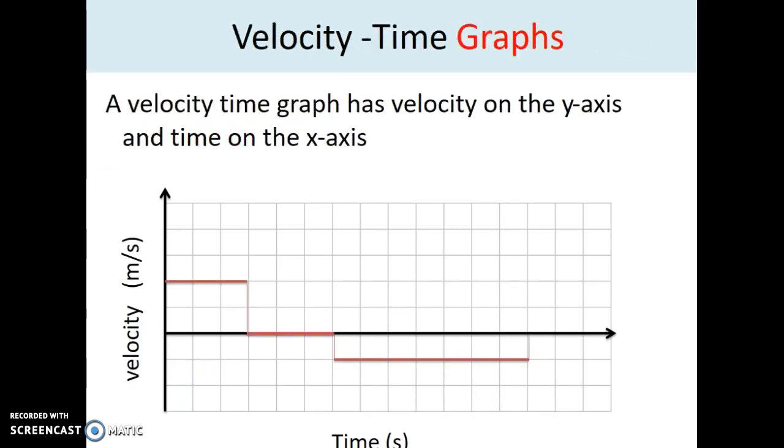So a velocity time graph has velocity on the y-axis and time on the x-axis, and you can see that this corresponds to the previous graph.